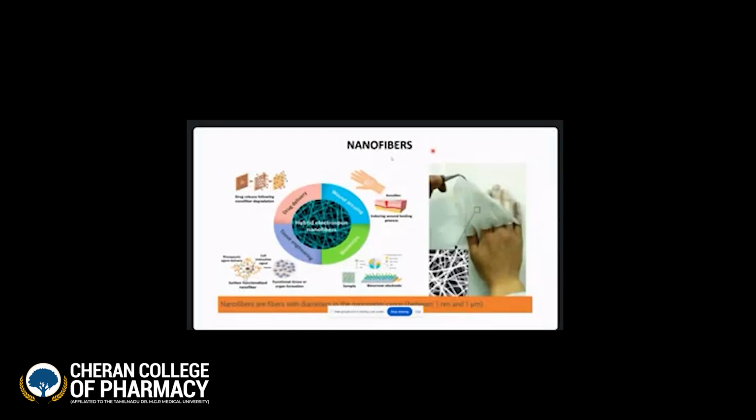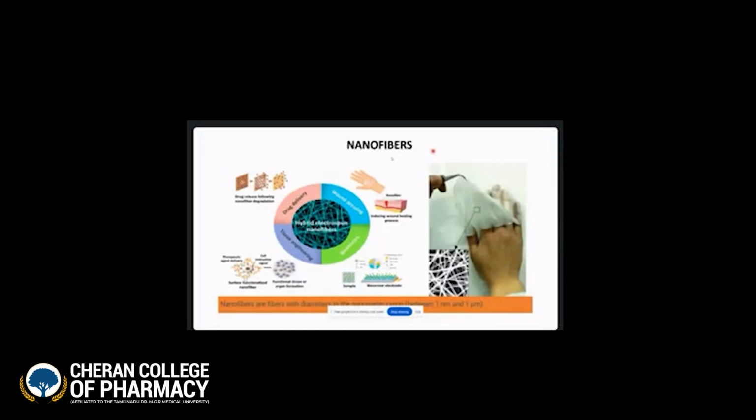And next, voltage. If you give high voltage, it will evaporate the solution. If you apply very low voltage, the solution cannot form a nanofiber. So that also we need to optimize. And next, flow rate.